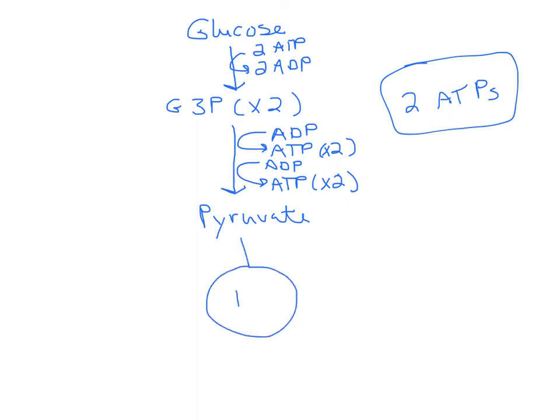Now let's think about the TCA part. So here's TCA cycle. And remember that this is running twice because you have 2 pyruvates for every molecule of glucose that you start out with. So remember that during the TCA cycle, for one turn of the TCA cycle, there's 1 ATP that's generated.